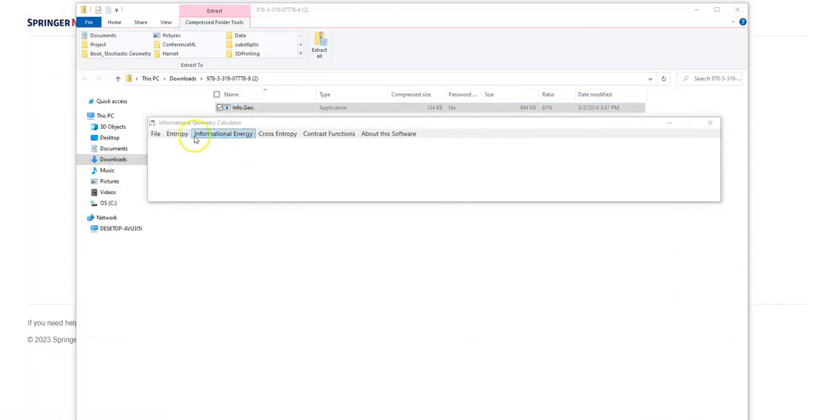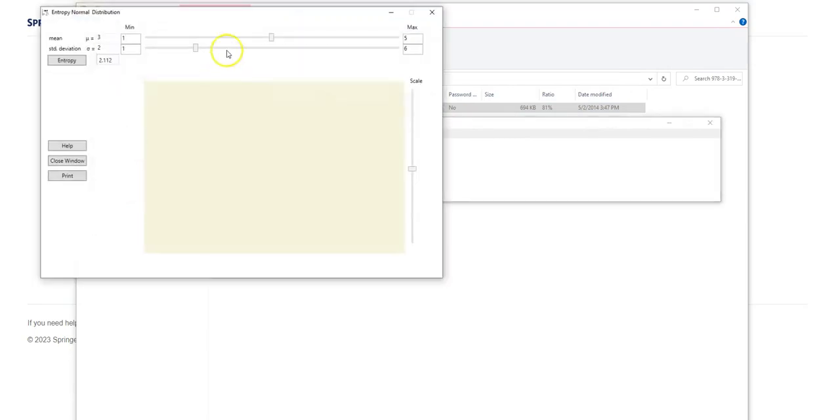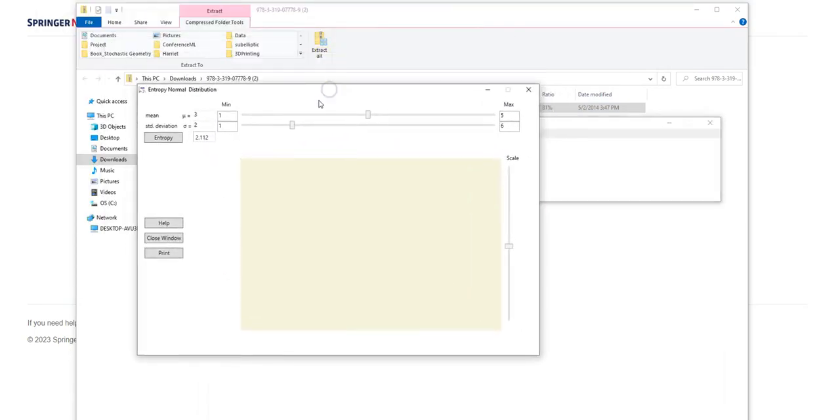For instance, I want to compute the entropy of one of those distributions, let's say for normal distributions. So I can adjust the mean, I can adjust the scale, I can adjust the standard deviation, large and small.